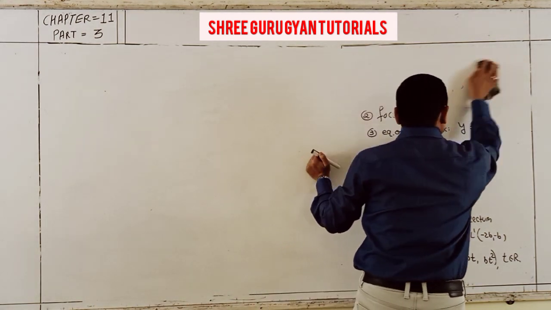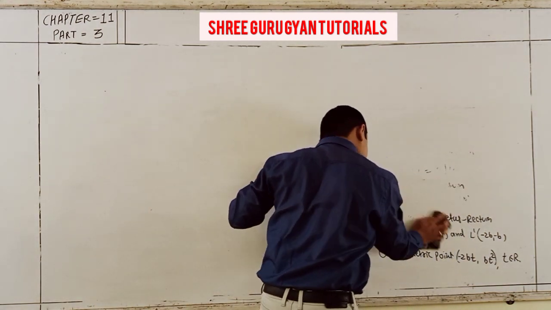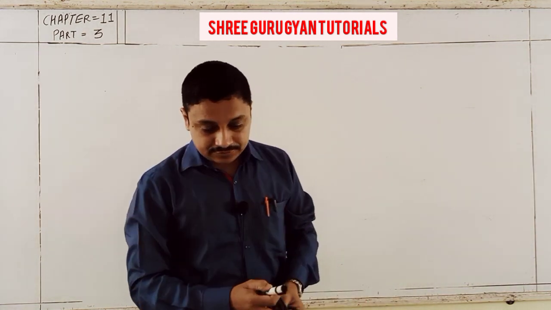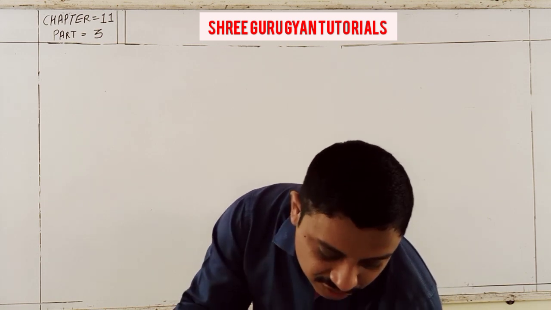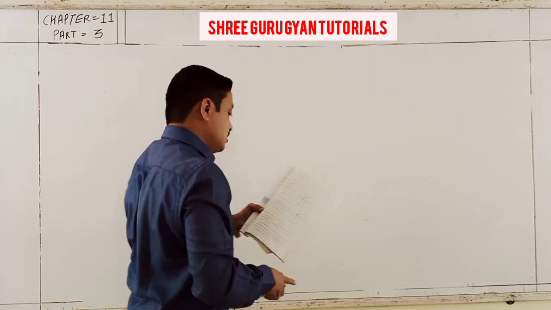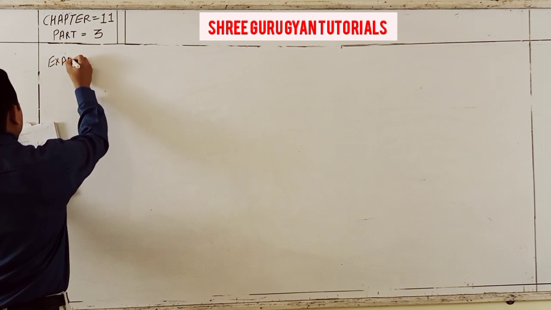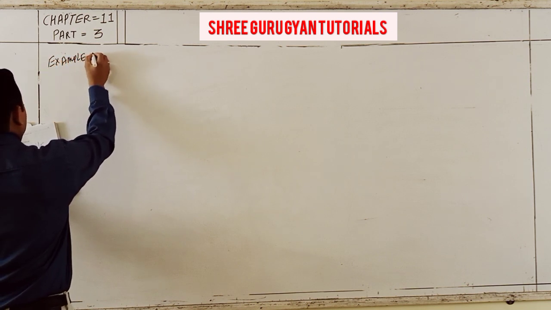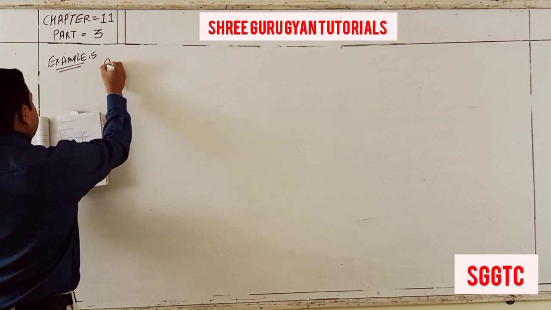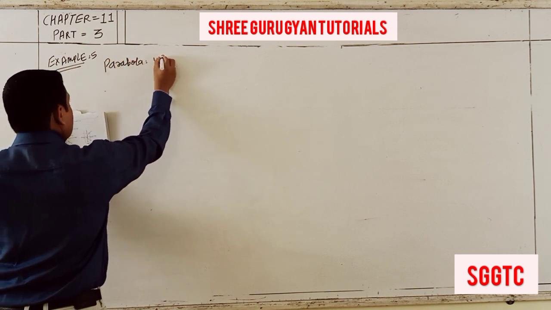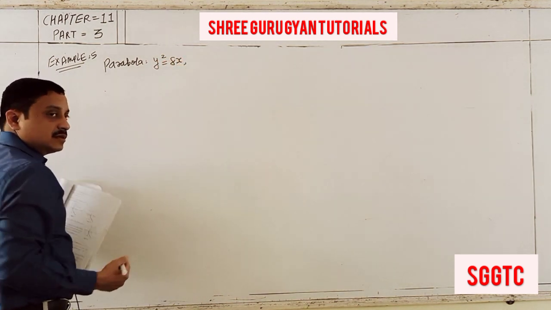According to what is given, first of all we write down our standard equations. Yes, for the given parabola, example 5: parabola given y square is equal to 8x.